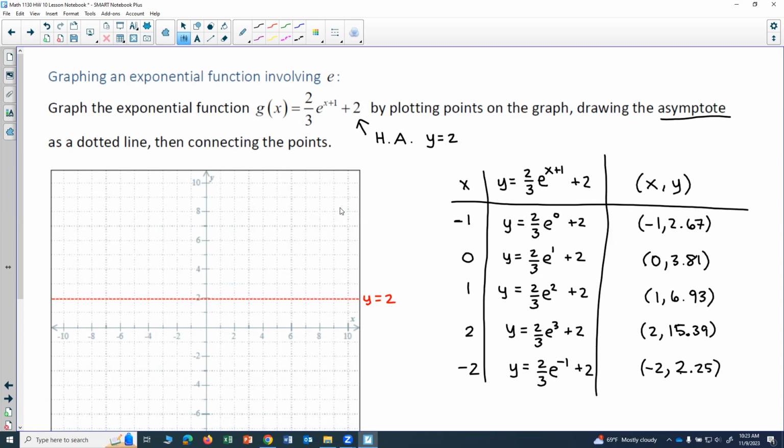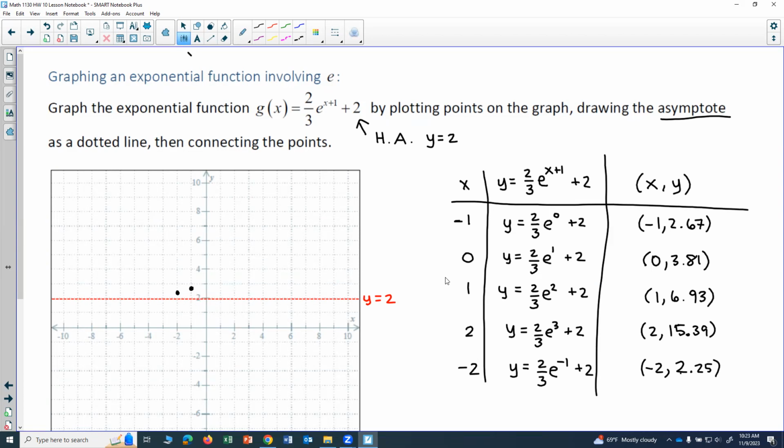Okay, so I'm going to go ahead and plot these ordered pairs. When x is -1, I'm at 2.67. When x is -2, I'm at 2.25, so getting closer to that horizontal asymptote.